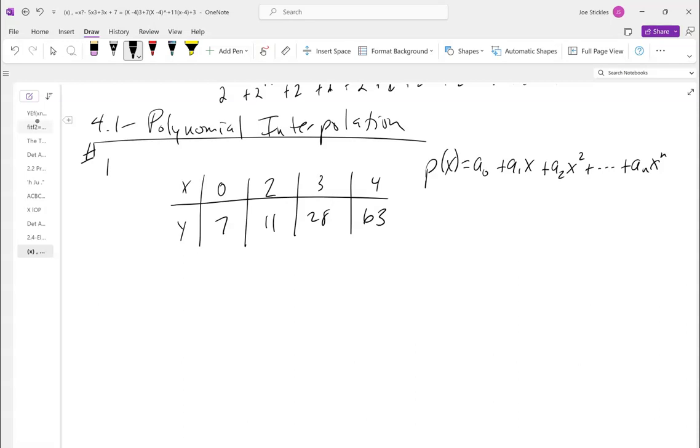So what degree polynomial are we looking for? 3, right? Because those 4 points allow you to find 4 coefficients, which means a degree 3 polynomial. So in general, whatever list of points it gives you, the degree of the polynomial is going to be 1 less than that, or maybe smaller.